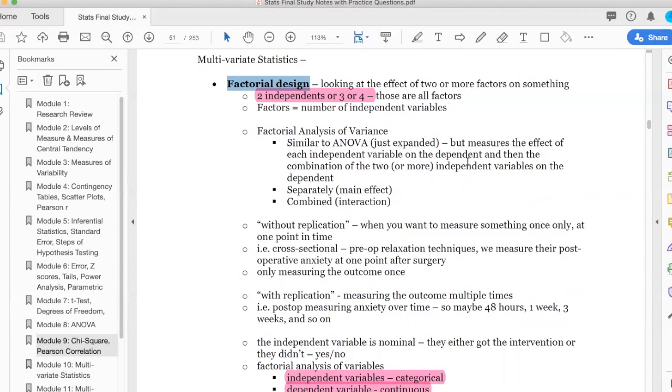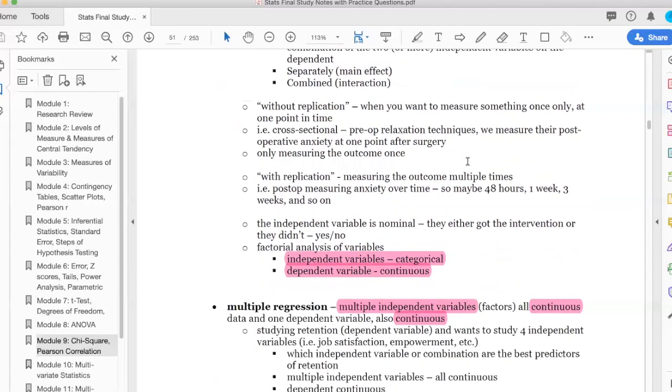You have your main effect, which is each independent variable's effect on retention on its own. And then you have an interaction or a combined effect, which is all of those things together, and how they affect retention. It's going to become more clear as we go through, because I think there's better examples as we go.